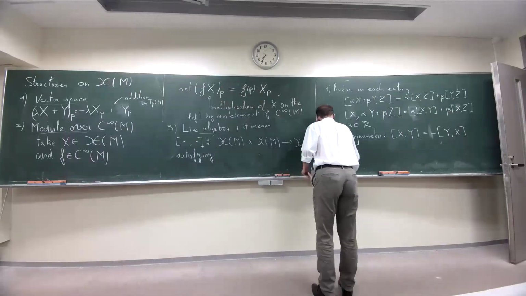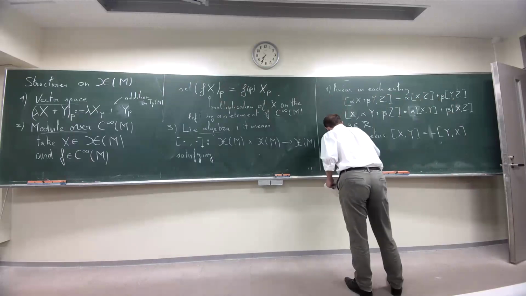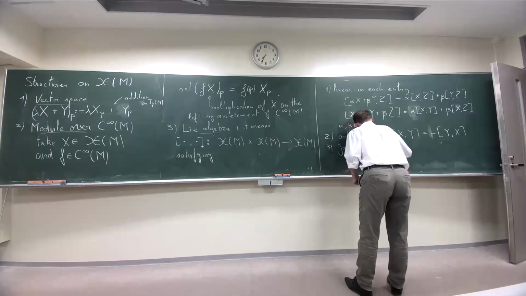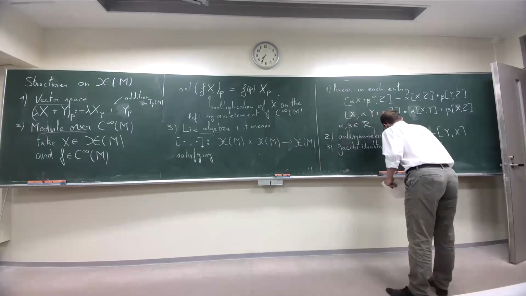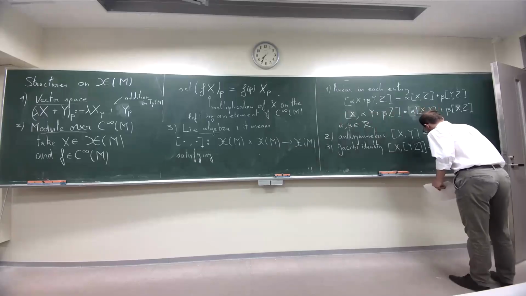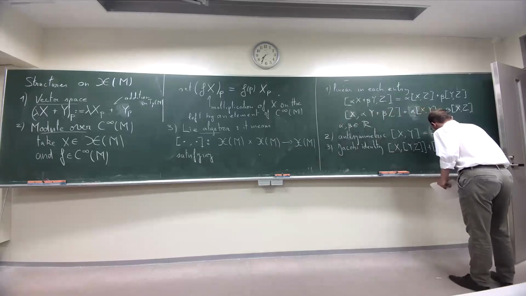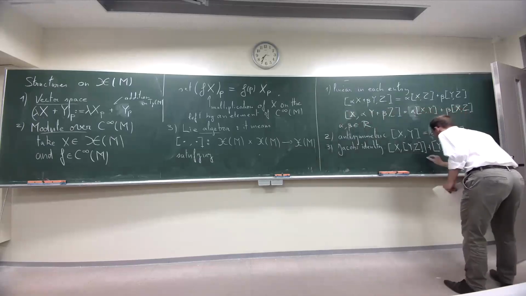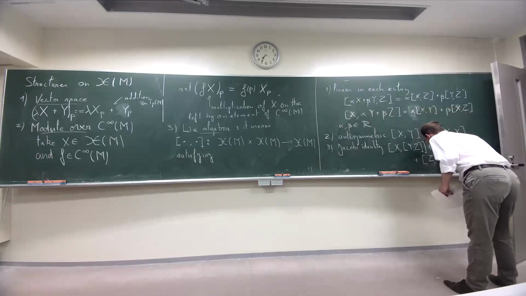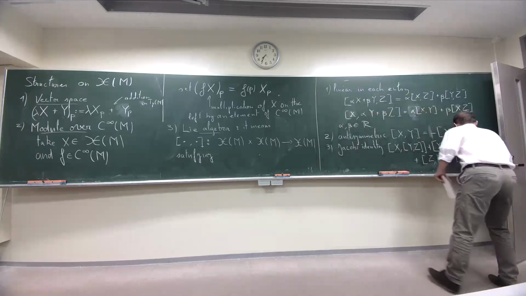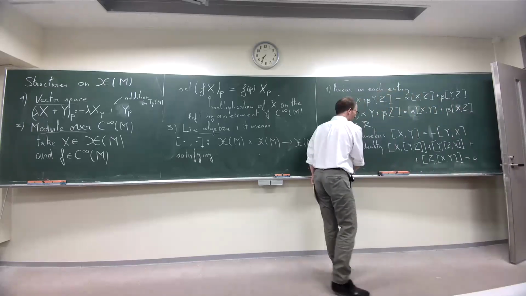And the third one is what we call the Jacobi identity, which is [X, [Y, Z]] plus [Y, [Z, X]] plus [Z, [X, Y]] is equal to 0. How do you remember this?